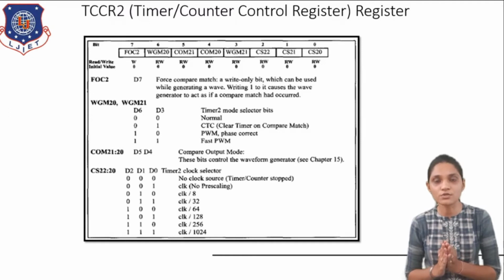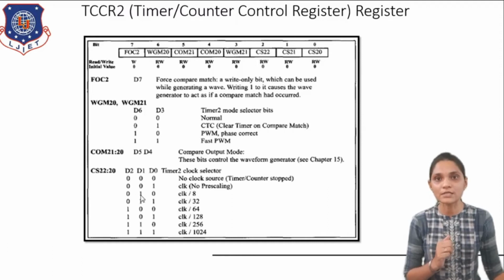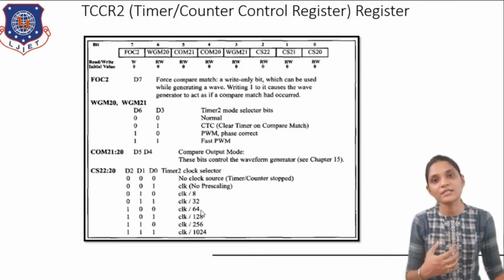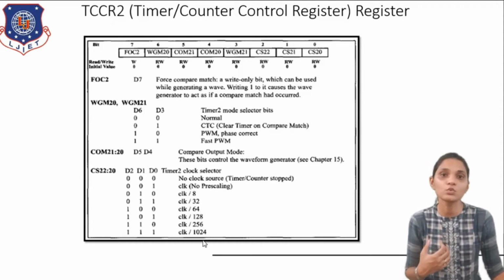If it is 000, then there is no clock source. If it is 001, then the clock source that you have is used directly without pre-scaling. If your value is 010, then you have to divide your clock by 8. If it is 011, then divide by 32. Then for the next patterns you will divide by 64, divide by 128, divide by 256 or divide by 1024.